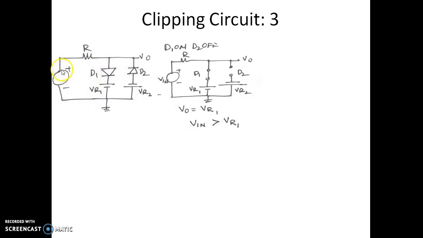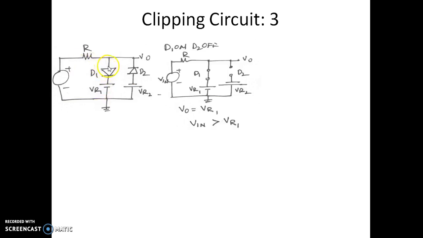Meaning, during the positive half cycle, when the input voltage is positive, D1 is getting positive voltage on the P side, but on the N side it already has a voltage of VR1.